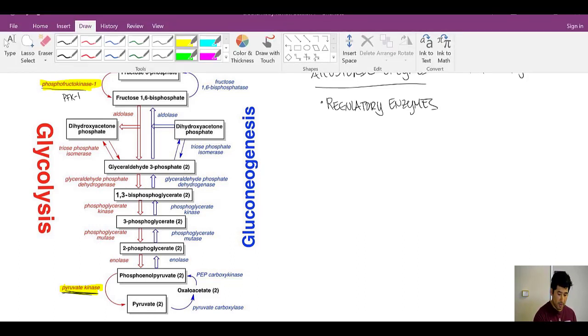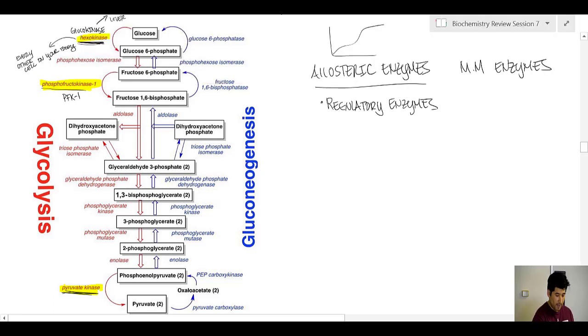And all these other ones, like phosphohexoisomerase, triose phosphate isomerase, aldolase, all the other ones that I didn't highlight, are those regulatory enzymes, yes or no? No, they are not. So are they going to exhibit sigmoidal curves? No, they are not. They're most likely going to exhibit Michaelis-Menten hyperbolic curves. So that would be these right here.